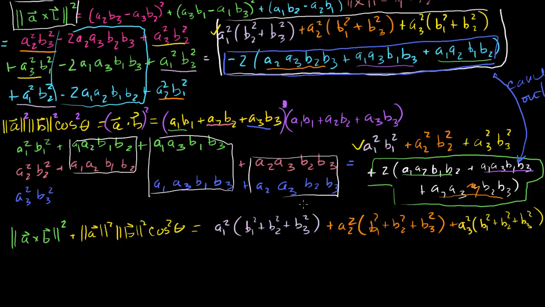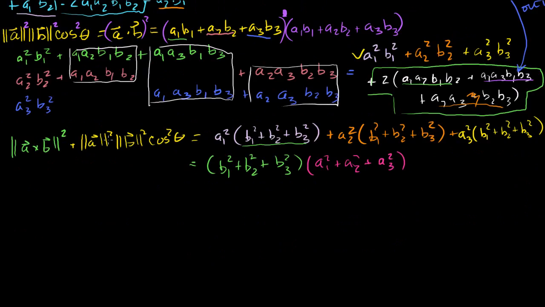So we can actually factor that out. And we get something very interesting. So this is equal to, if we factor this thing out of all of the terms, b1 squared plus b2 squared plus b3 squared times my a squared terms, a1 squared plus a2 squared plus, I'm getting excited, the home stretch is here, a3 squared.